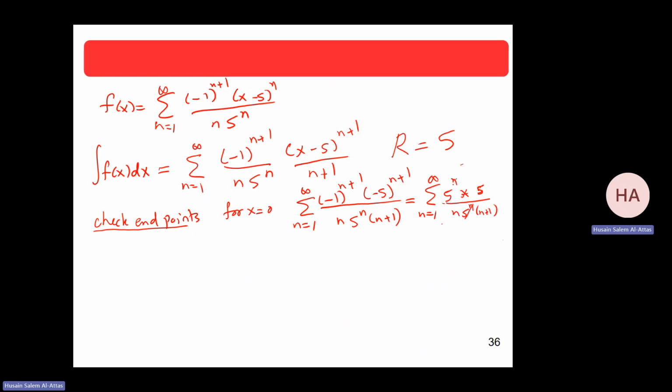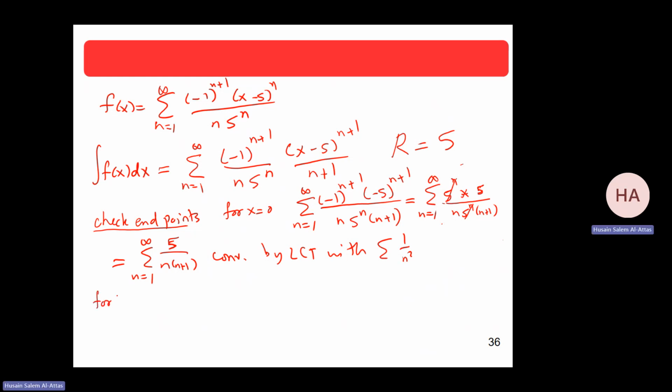So this cancels, and I have summation n equals 1 to infinity of 5 over n plus 1. This converges. Why? By the limit comparison test with this series. Very clear.